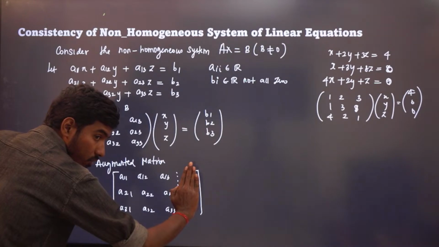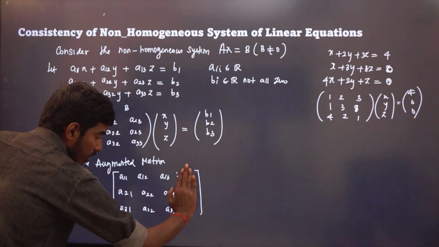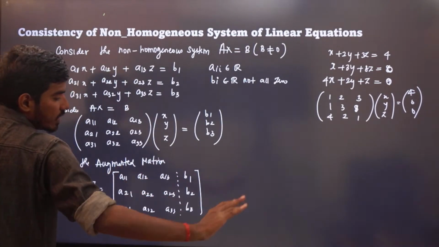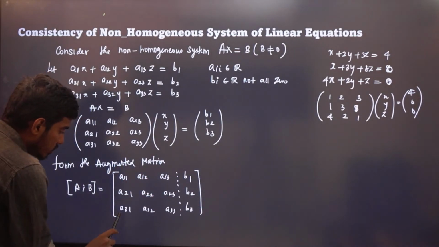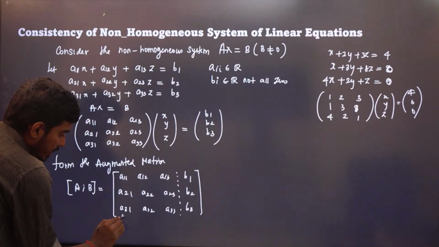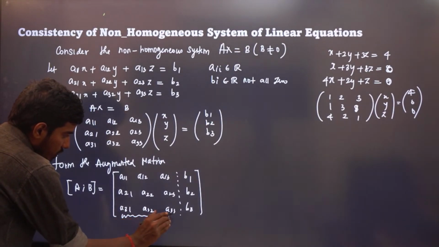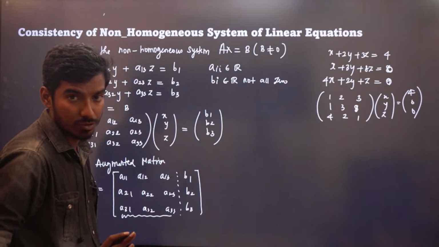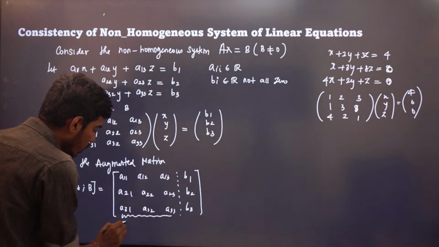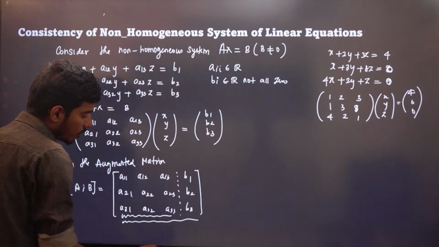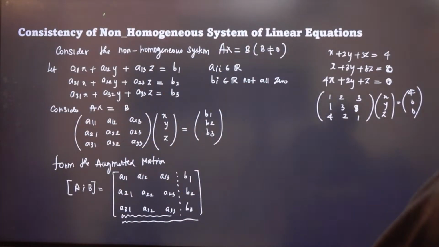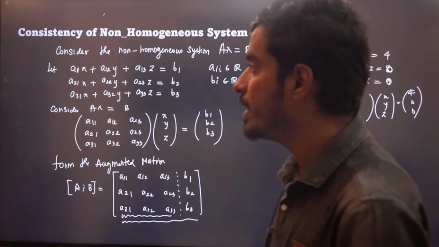Already it is in row echelon form, so you just find the number of non-zero rows. Now you combine fully and find the number of non-zero rows. If both are equal to 3, then this system is consistent and has a unique solution.